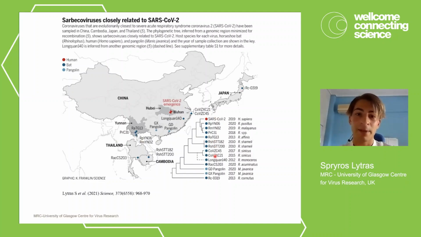There's clearly big gaps in the phylogeny, and it seems that the only way forward to getting closer to knowing the origins of SARS-CoV-2 is really increasing wildlife sampling across this entire geographic region. And this is definitely not a trivial effort.